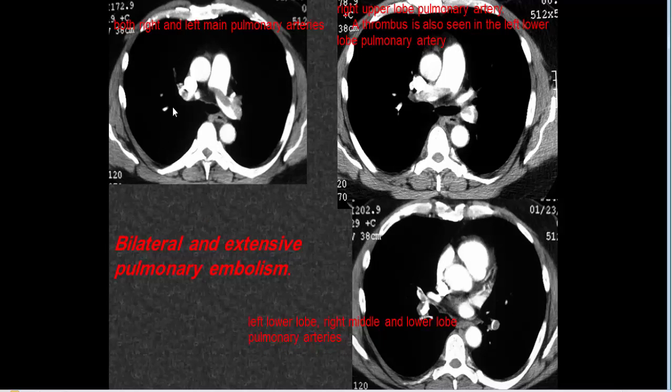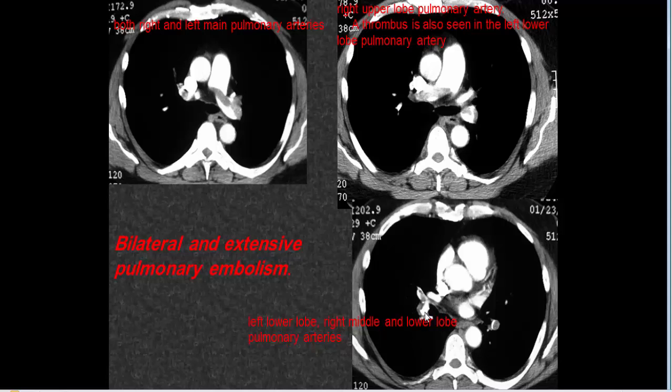This is both right and left main pulmonary artery. Right upper lobe pulmonary artery, thrombus seen in the left lower lobe pulmonary artery also. Bilateral extensive pulmonary embolism. Left lower and right middle and lower lobe pulmonary vessels.